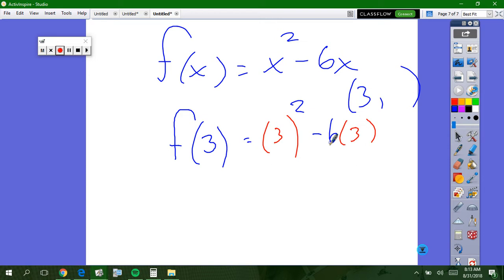So what is this the same thing as? F of x is just another name for y, basically, isn't it? And the reason being is this is what we call an output. And x is an input. Doesn't our outputs always depend upon what our inputs are?